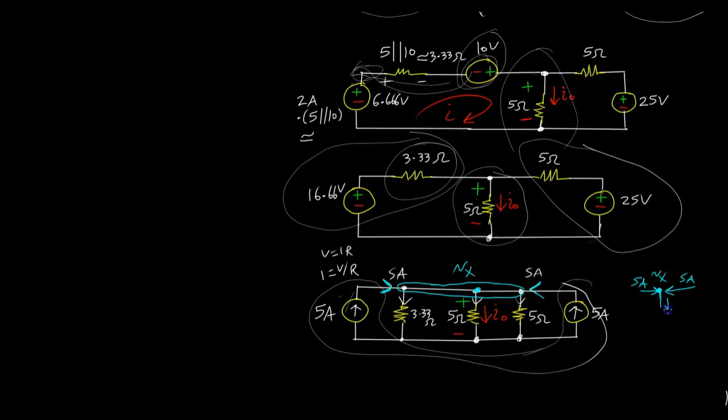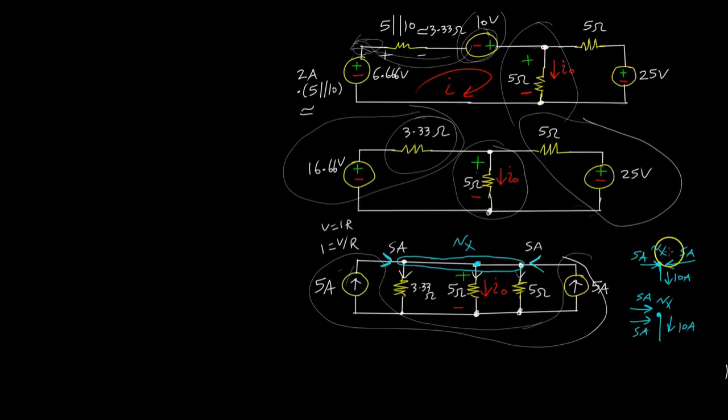Now let's think about it. If I simply move this source to the other side, I would have 5 amps there, 5 amps there, going into that same node, and I would still have 10 amps going through that node. And so you can see that nothing has changed. So I'll go ahead and do that, and I will also combine these resistances, the 5 and the 3.33 in parallel, but keep this guy the same, and you'll see why I'm doing that.